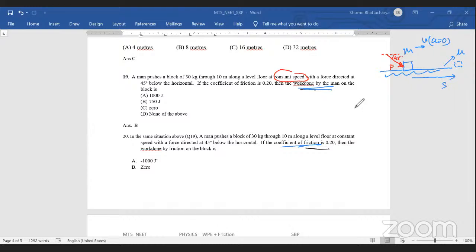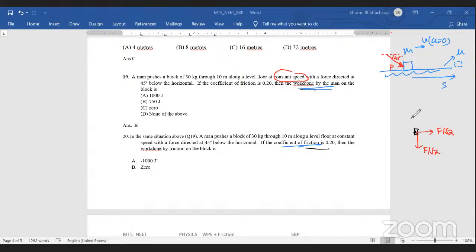So you start by making the free body diagram of the block with the forces resolved. You can see that F's components will be F by root 2 like this and F by root 2 like this, the vertical and horizontal component, because the angle is 45 degrees. And friction, because it's a rough surface.